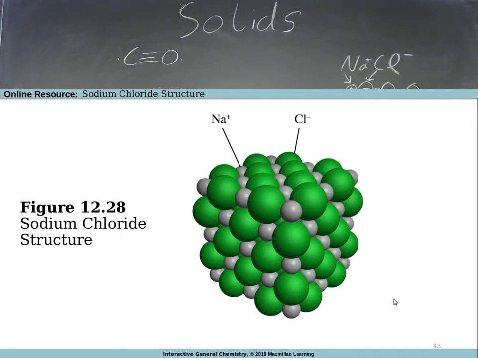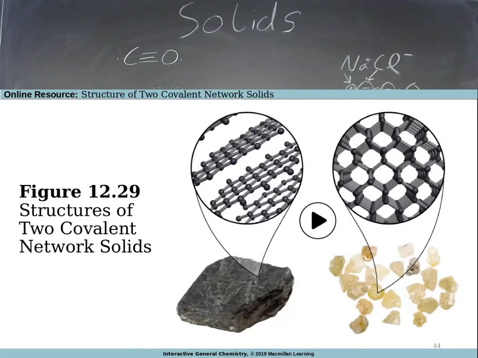Okay, here's your sodium chloride structure. It looks like what I drew on the board, only nicer. And here we have a couple of examples of covalent network solids. So on the left, there's graphite.